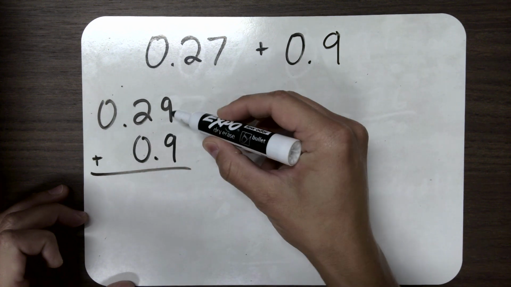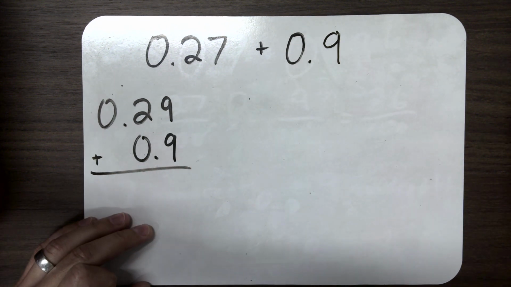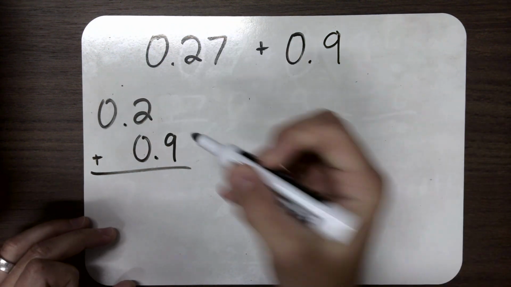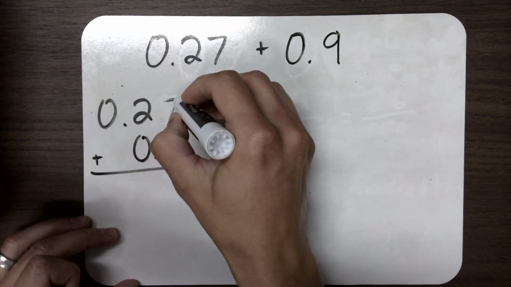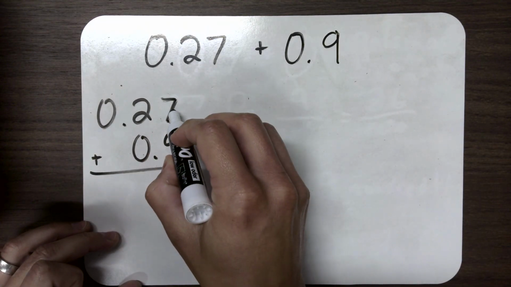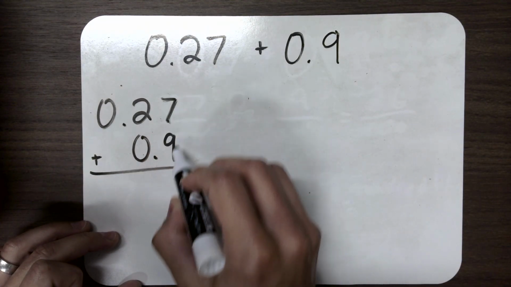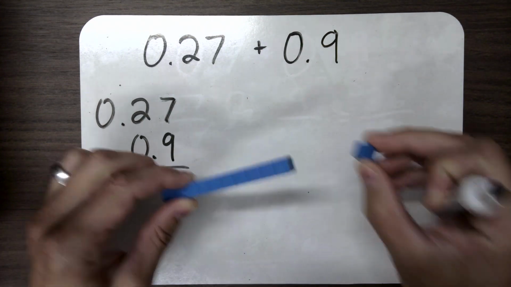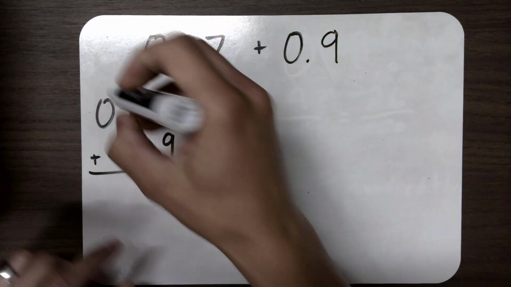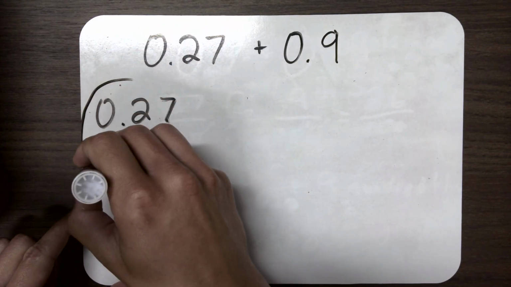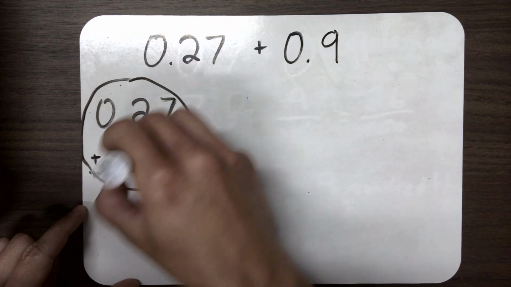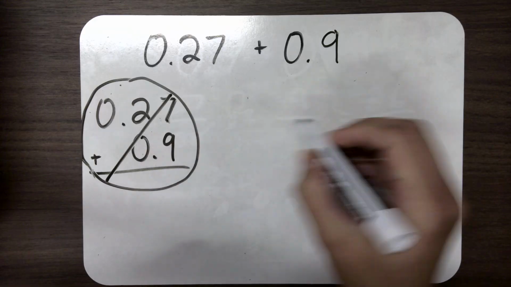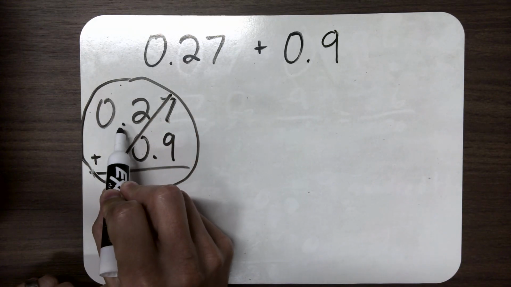But here you can see this would mean we're adding, oh, this should be a 7, sorry. This would mean, if we just use this algorithm, we would be adding 7 hundredths and 9 tenths. So we'd be adding different size parts. We don't want to do that. We have to make sure that we're aligning this decimal point vertically.